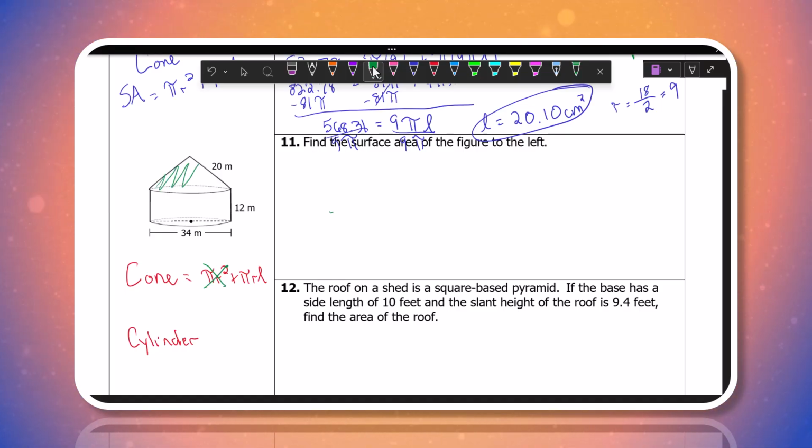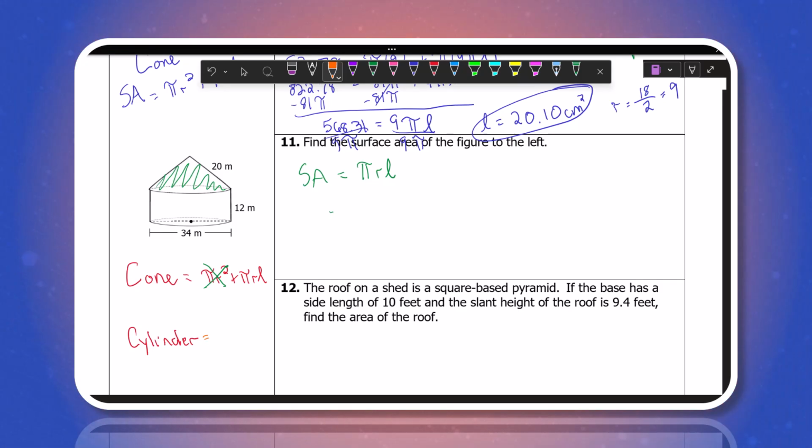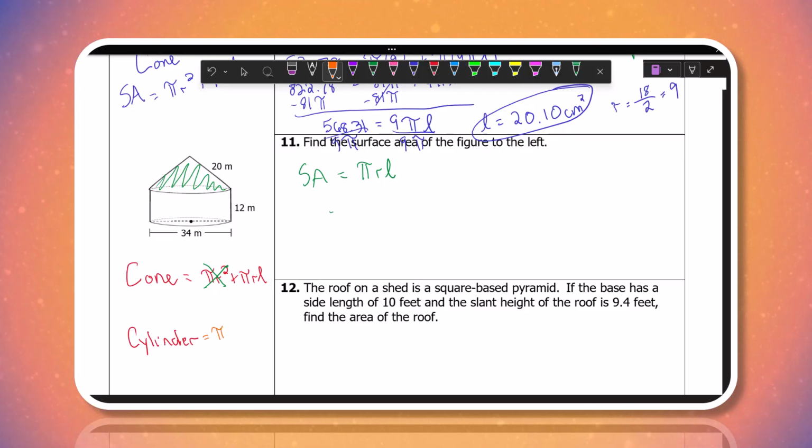So the cone part is there. Surface area equals pi r l. That's that part. Then we'll take a look at the cylinder part. So we want, oops, not pi, 2 pi r squared plus 2 pi r h.